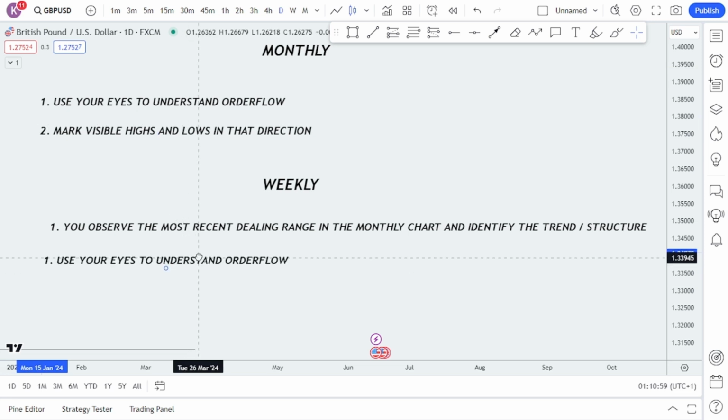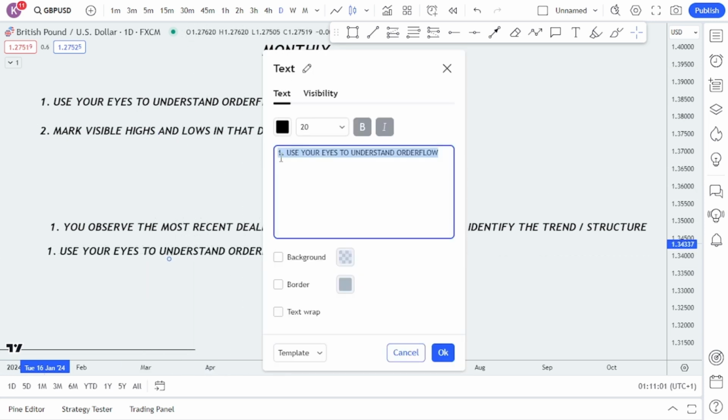Sorry, so let's do number 2. Number 2, mark visible highs and lows with a black line.